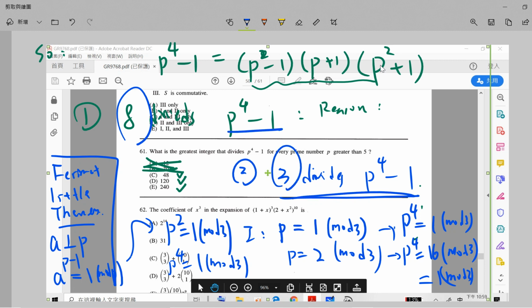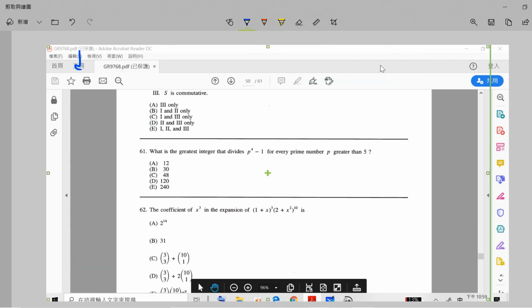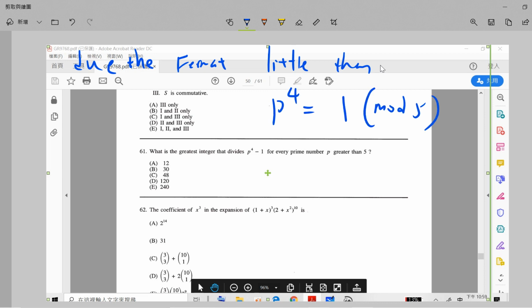Okay, so what is the last one? What we need to know is whether 5 divides p to the fourth minus 1. Due to Fermat's little theorem, p to the fourth equals 1 mod 5, so 5 divides p to the fourth minus 1.